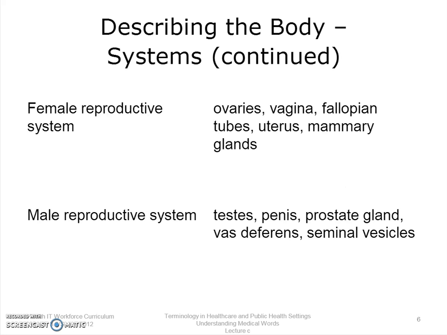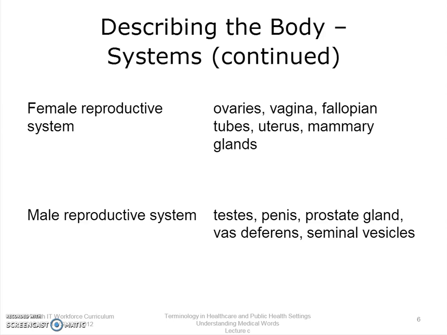The female reproductive system includes the ovaries, vagina, fallopian tubes, uterus, and mammary glands. This system secretes hormones, produces ova, and regulates menstruation, pregnancy, and milk production from the breasts.